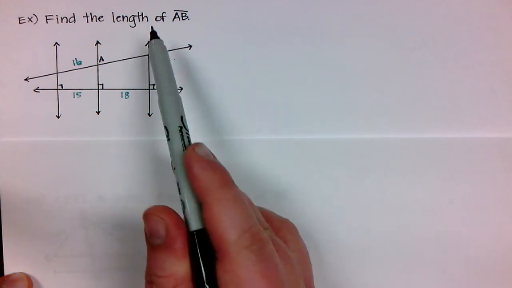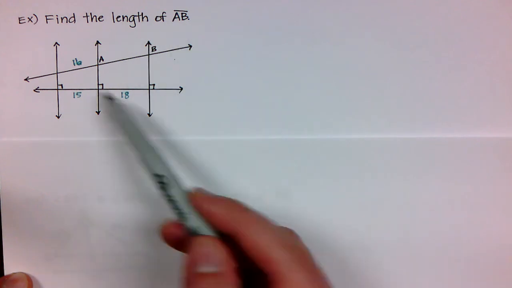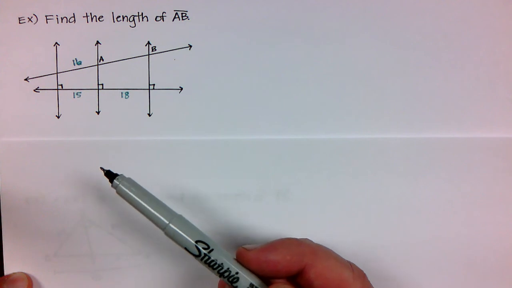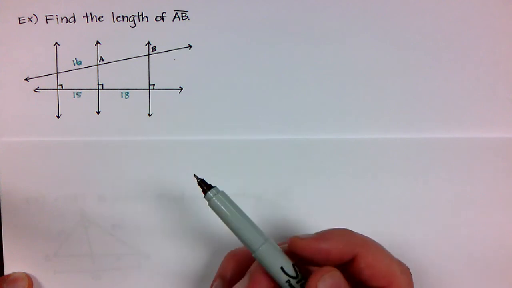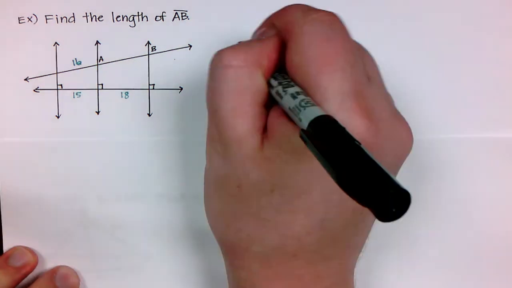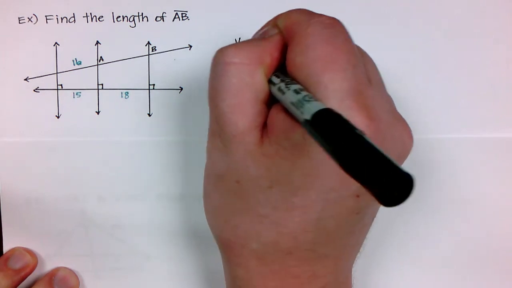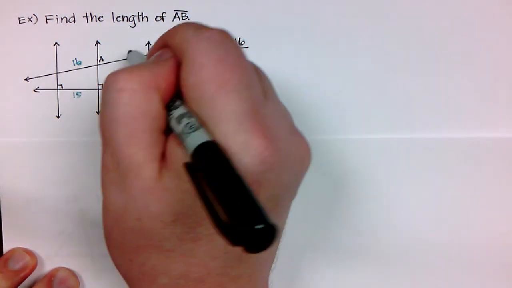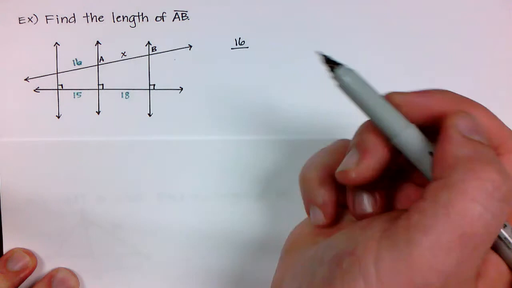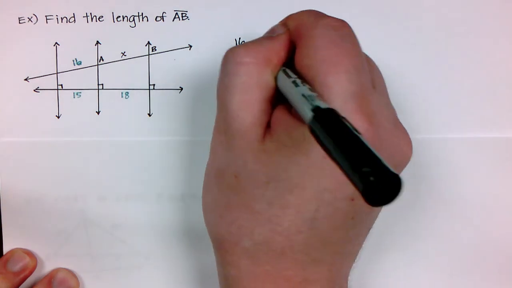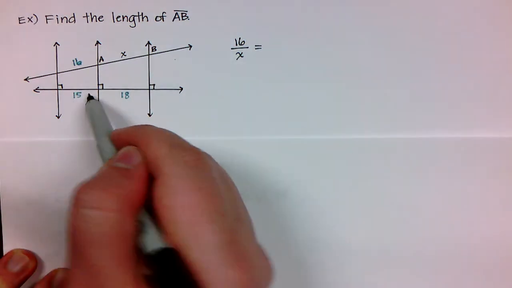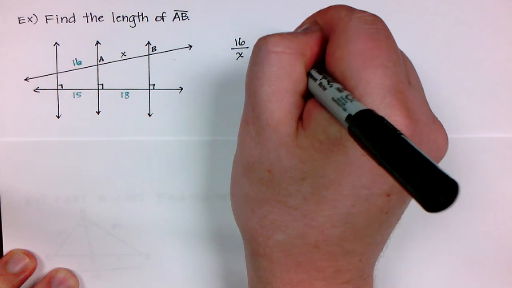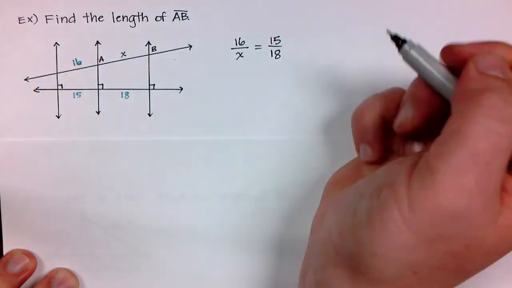Even though it didn't specifically say it, I know from the diagram that they are parallel. So we just need to write our proportion. And so I'm going to compare 16 compared to, if I'm looking for AB, I'm going to call that X. And this should be equal to 15 over 18.